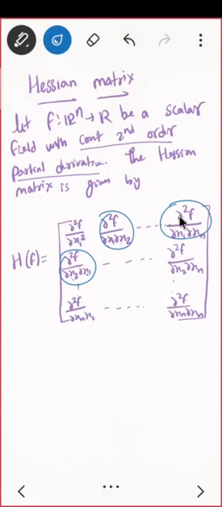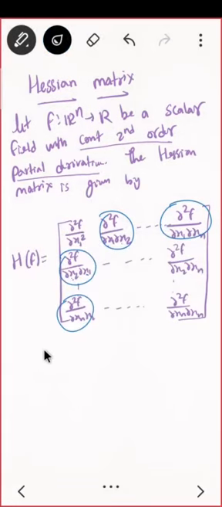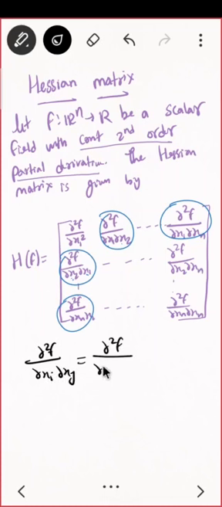So this matrix is symmetric. Dou 2f by dou xi dou xj will be the same as dou 2f upon dou xj dou xi, correct? Hence it is symmetric.